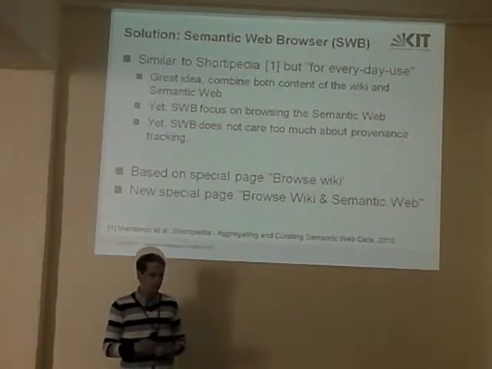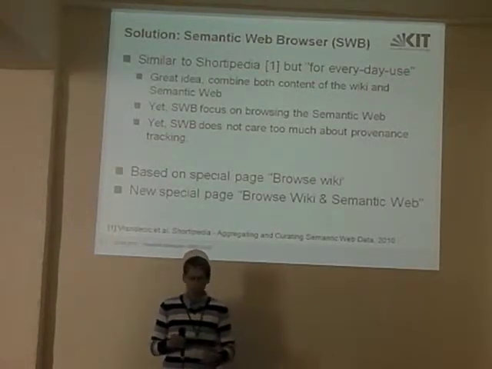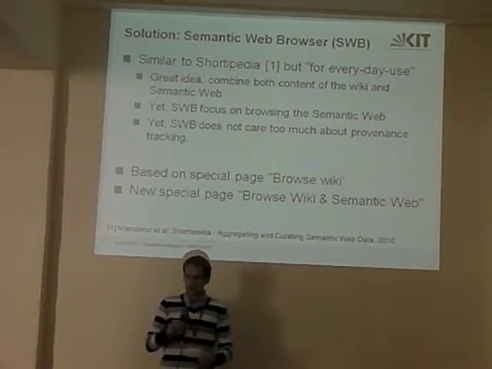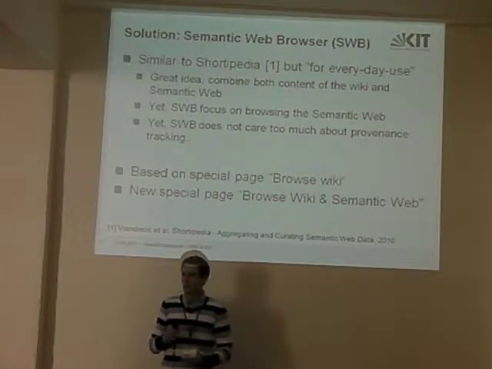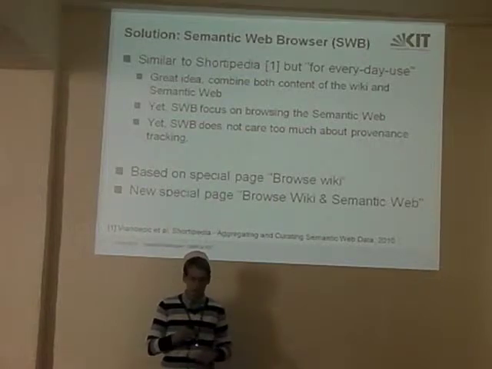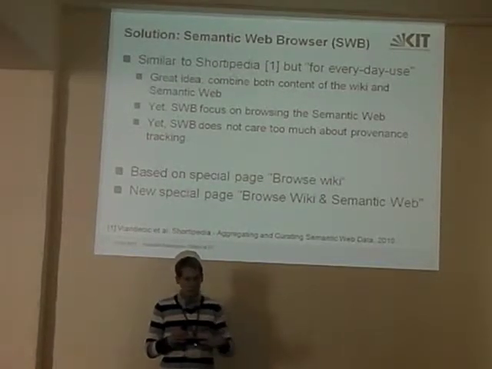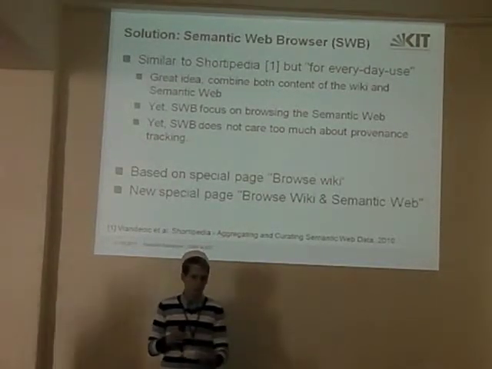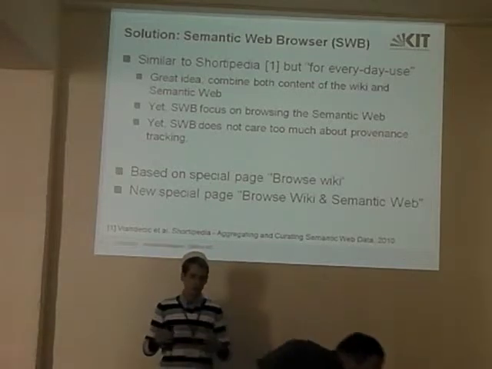And the solution is the Semantic Web Browser, or let's say one solution. It is similar to Shortipedia, what Danny and some colleagues did, but I would say for everyday use. Shortipedia is a great idea to combine both content of the wiki and the semantic web, but as a semantic web browser, it is more focused on browsing the web and not pulling all the data into the wiki.